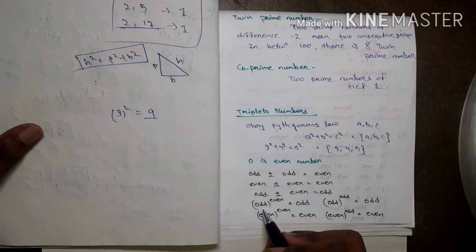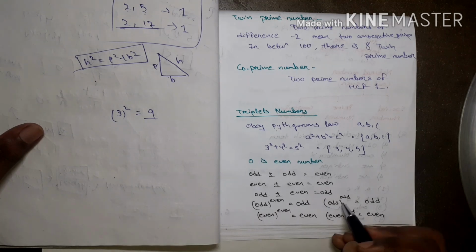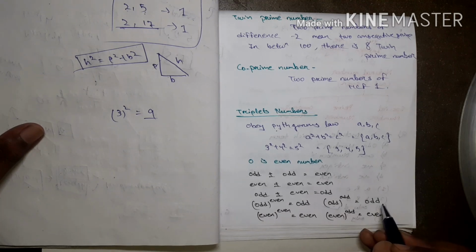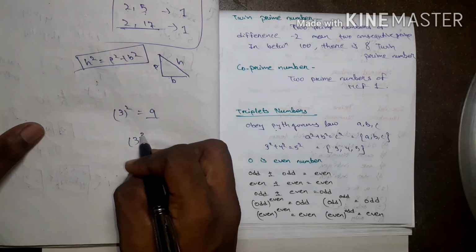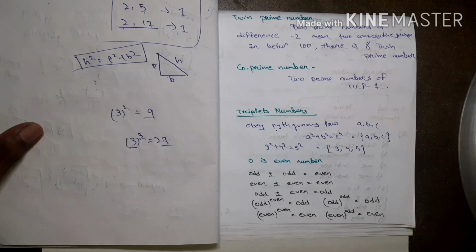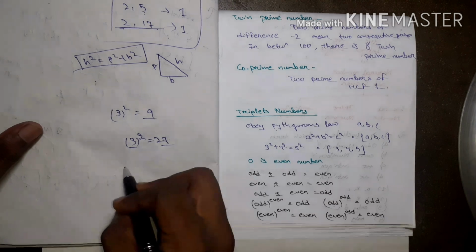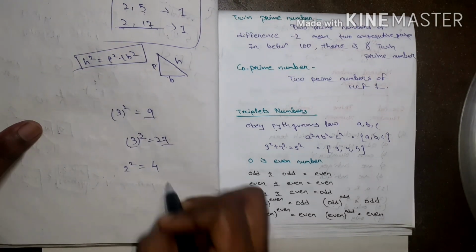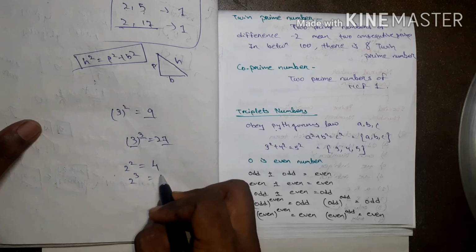Even power of odd is always odd. Odd power of odd is always odd. 3 to the power 3 is 27. This is odd, and this is also odd. Even power of even is always even. Odd power of even is always even. 2 to the power 2 is always 4. 2 to the power 3 is always 8.